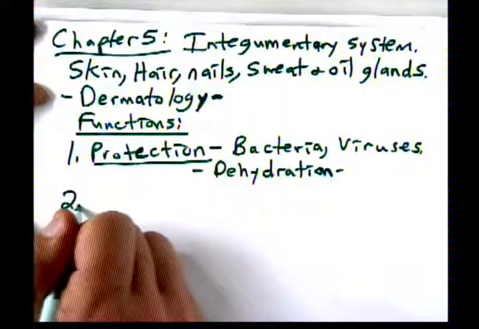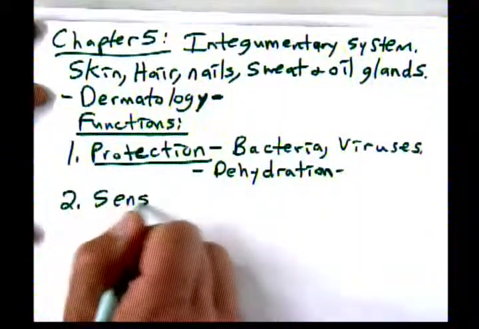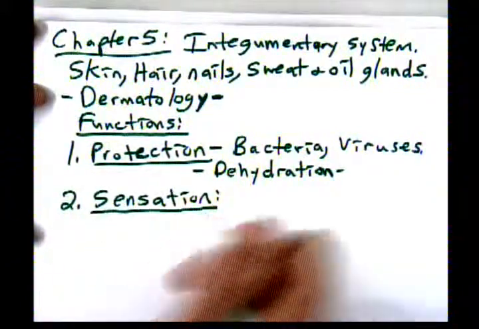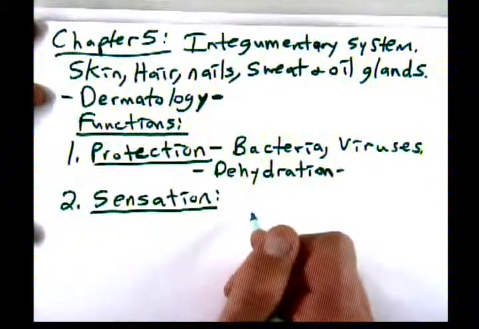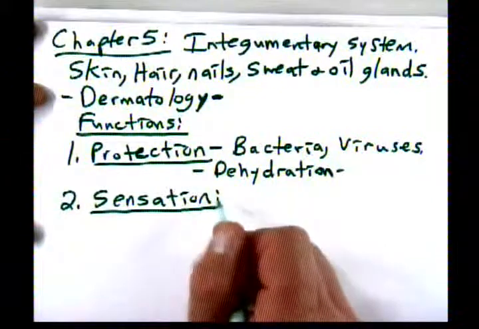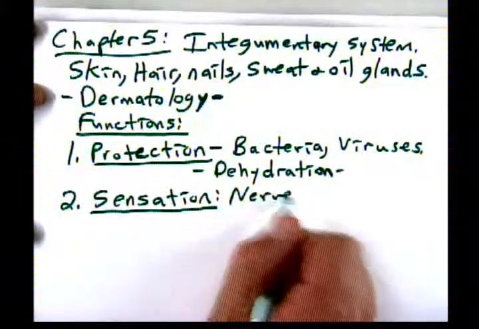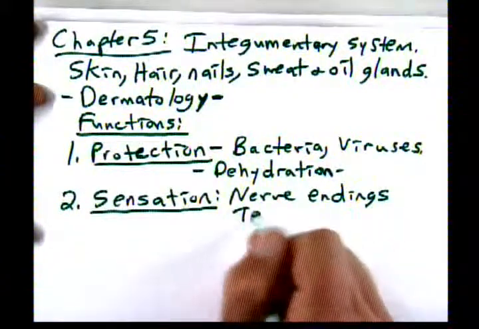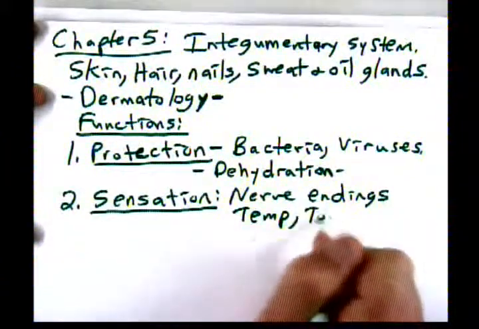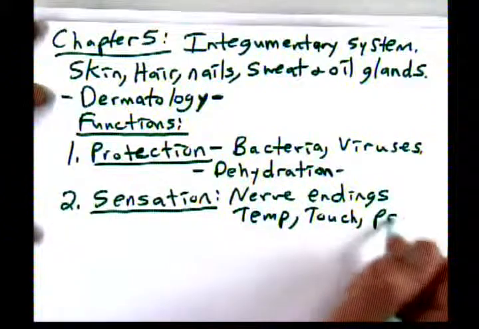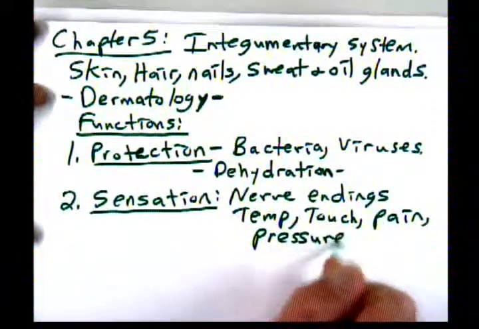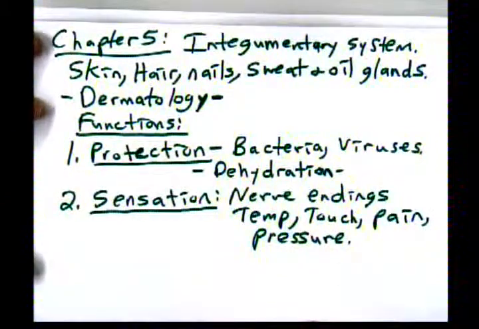A second major thing is that the skin is heavily involved with your ability to sense what's going on around you. It's got all sorts of nerve endings that pick up temperature, touch, pain, pressure. A lot of that is sensed through your skin.